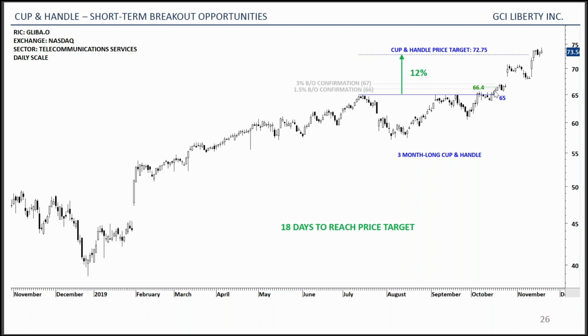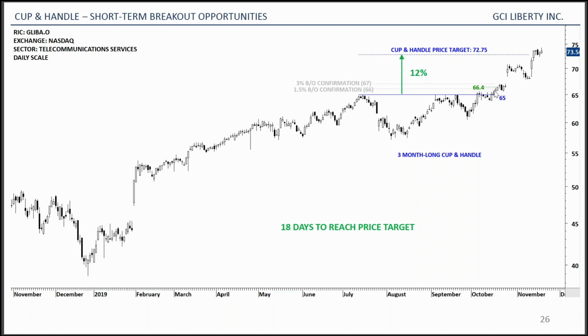For example, in this daily scale price chart, GCI Liberty's breakout gave us a 12% upside potential from the chart pattern boundary to the price target. The time it took for the price target to be reached was 18 days.